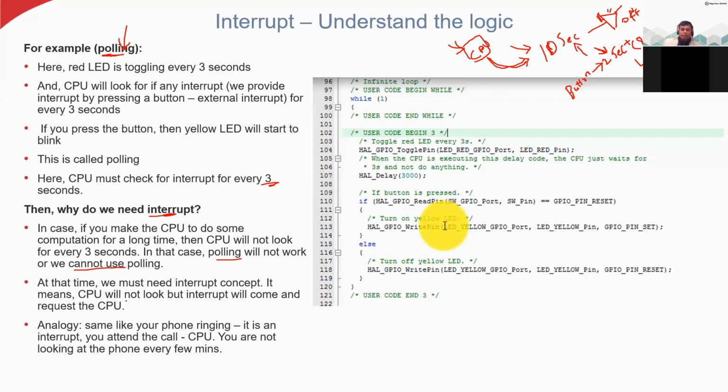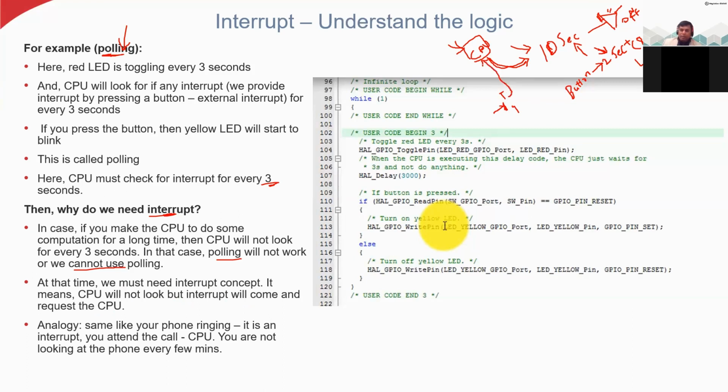It means the CPU will not look, but the interrupt will come and request the CPU. For example, whenever I press the button here, this is the switch, immediately this interrupt will go to the CPU.